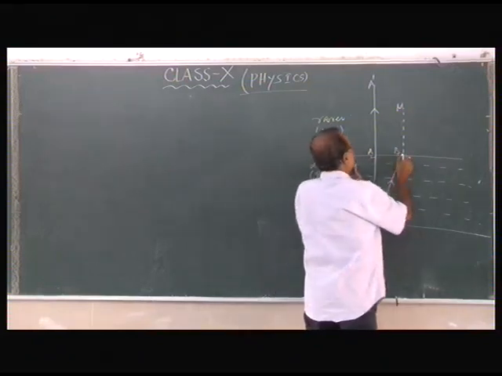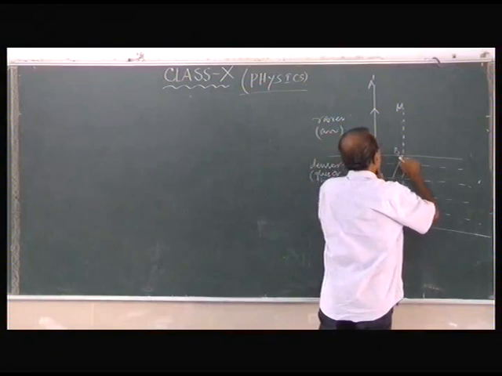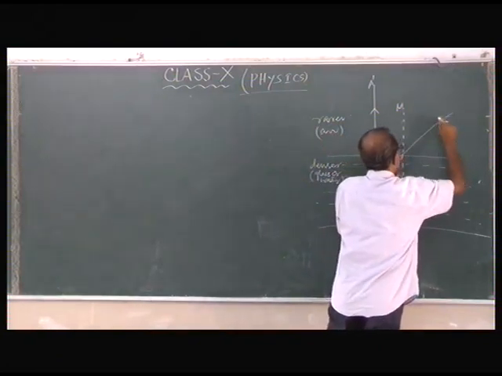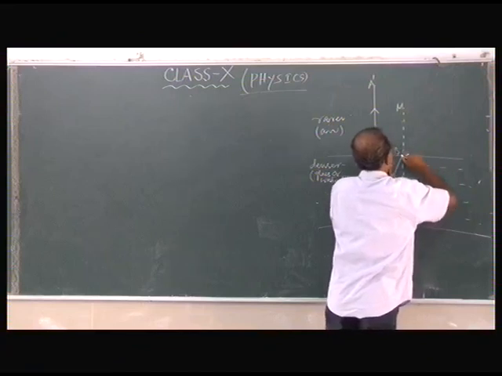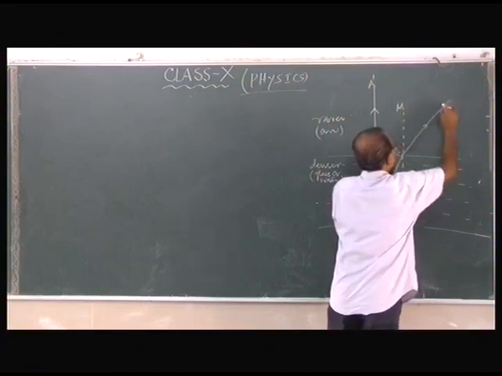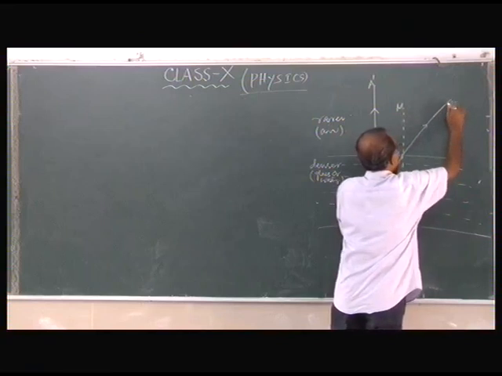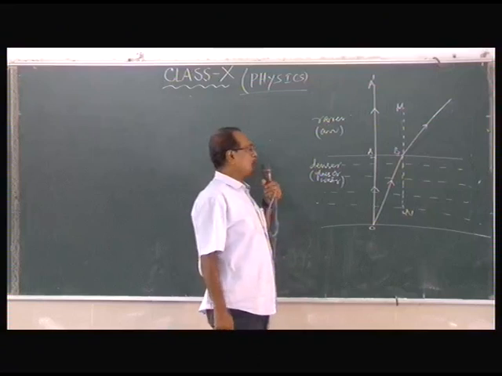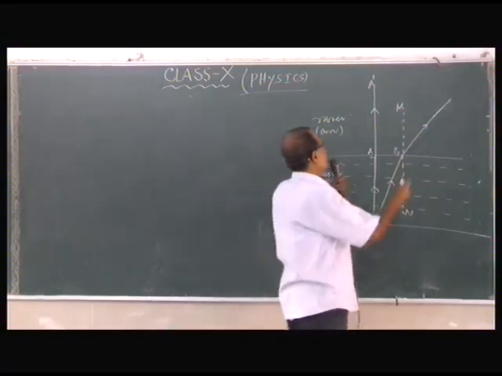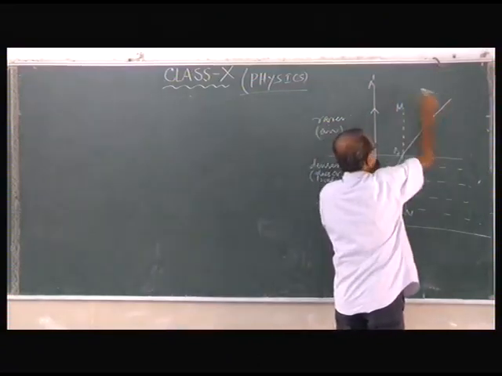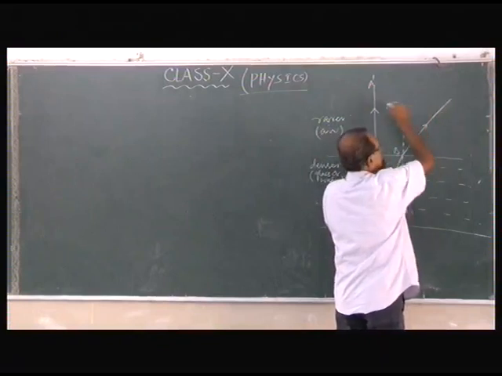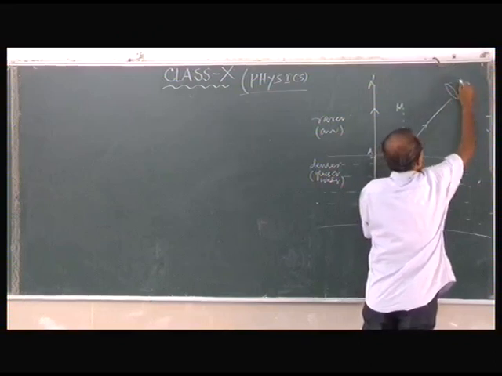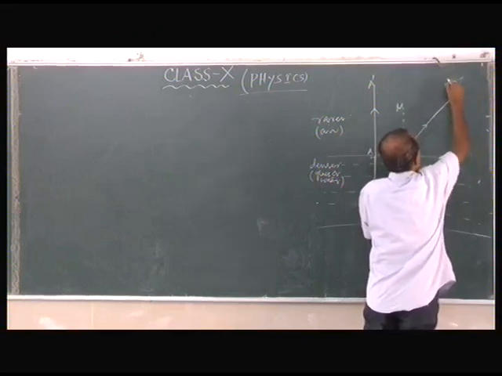Now the ray will move away from the normal because it is moving from denser to rarer medium. Now keep in mind these two rays, this one and this one, both are refracted rays. Both rays will fall on our eye together.